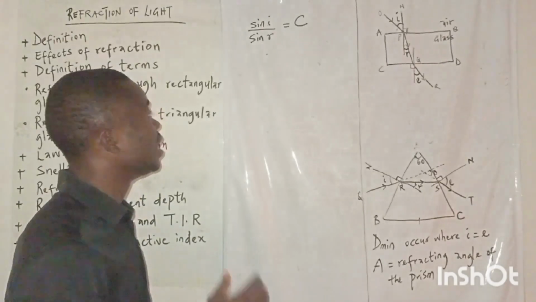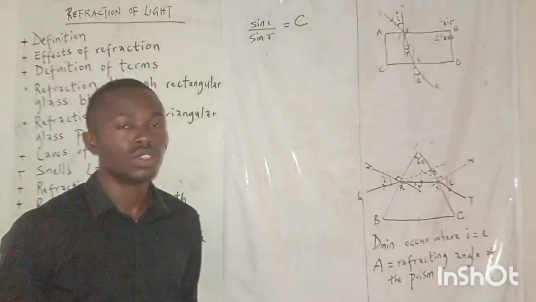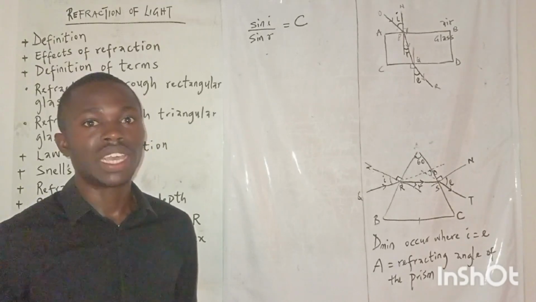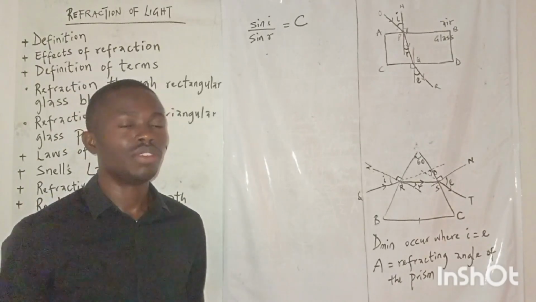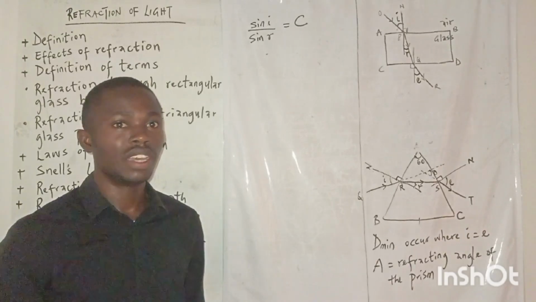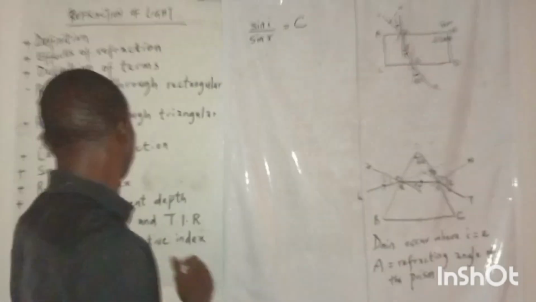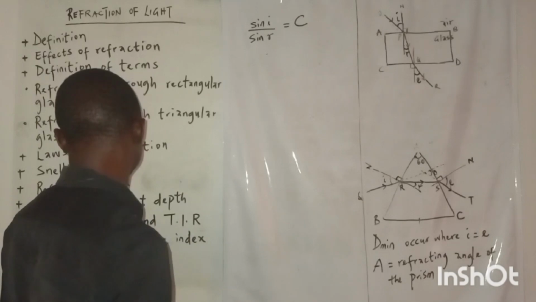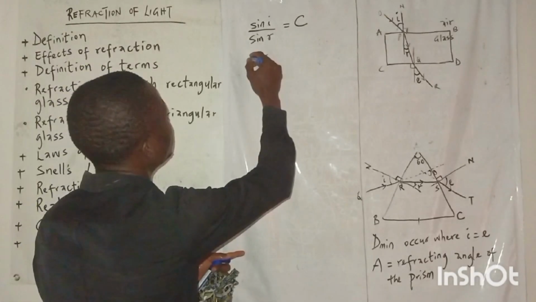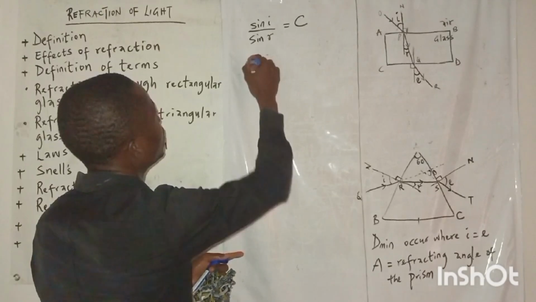So that is also known as Snell's law. Snell's law states that the ratio of the sine of the angle of incidence to the sine of the angle of refraction is a constant for a given pair of media. And that takes us to refractive index. Refractive index has a symbol like this.